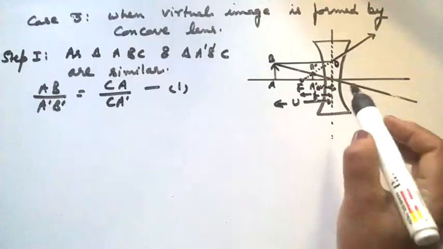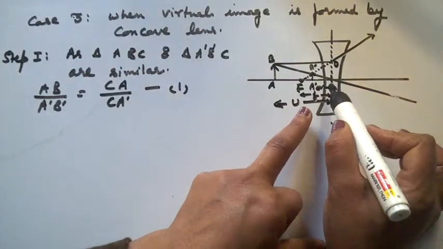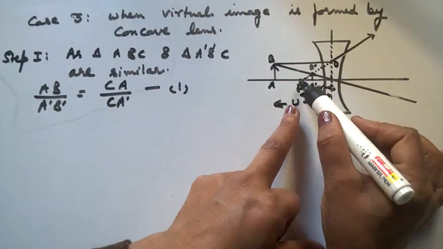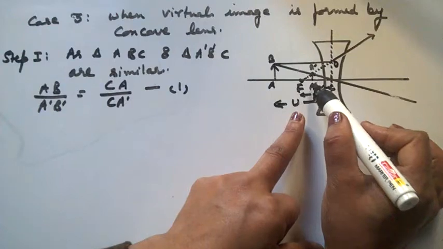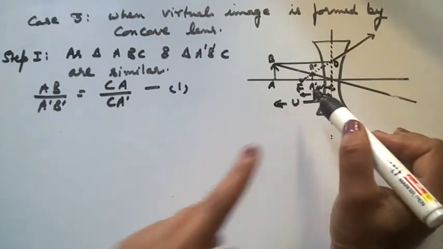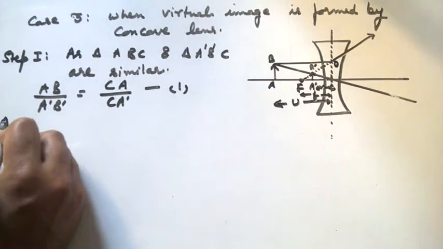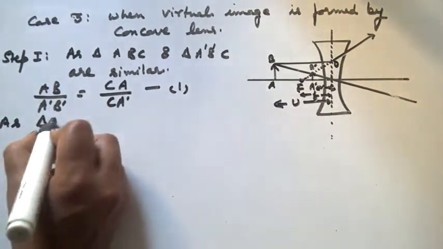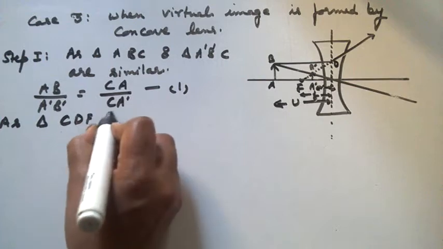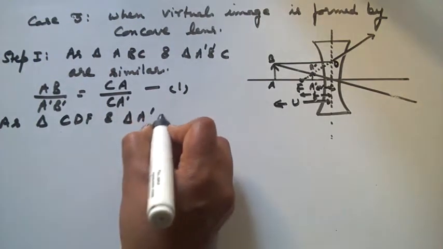Similarly, here we can see that triangle CDF and triangle A dash B dash F are similar.